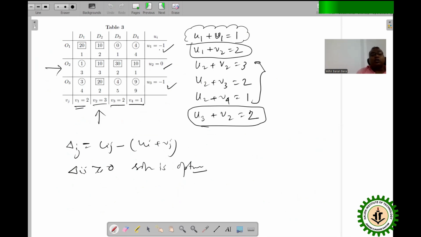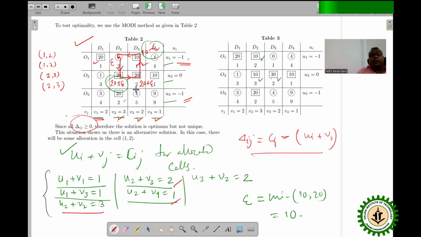So ultimately, you are getting two solutions. From the first one, if I write down the solution, you will get x11 equals 20, x13 equals 10, x22 equals 20, x23 equals 20, x24 equals 10, and x32 equals 20.